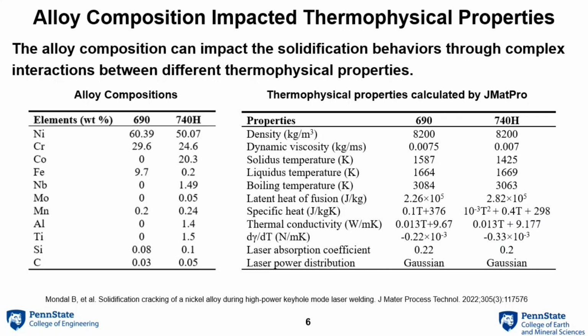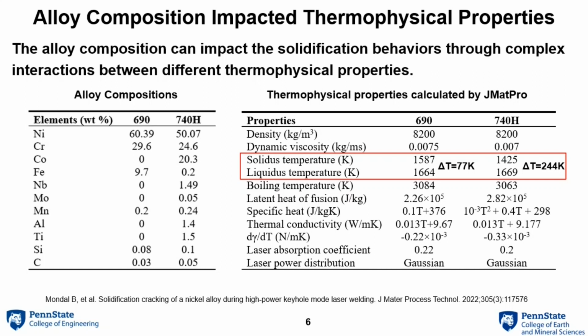One of the important impacts of this is that these two alloys display different thermophysical properties. One of the big differences is that these two alloys display very different solidification temperature ranges. You can see Inconel 740H has nearly 4 times larger solidification temperature range compared with 690.